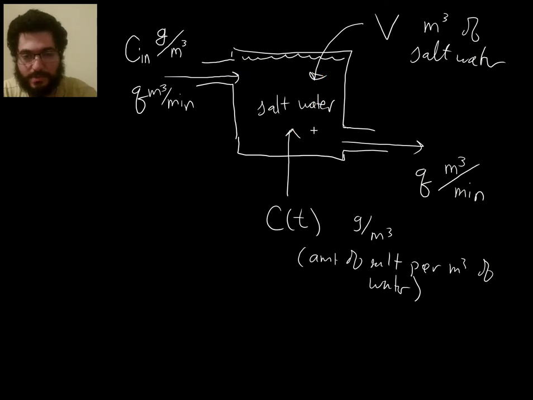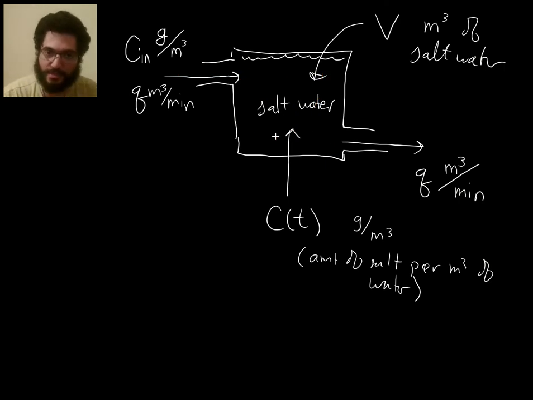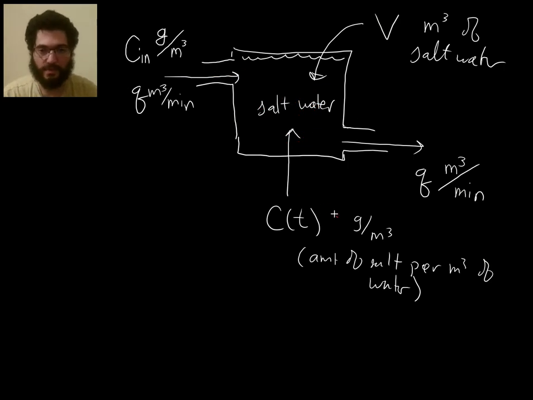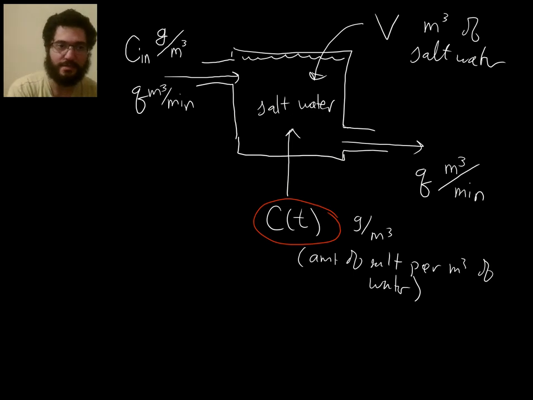But let's assume, kind of an ideal condition, that this tank is perfectly stirred, that it's perfectly mixed all the time. So whatever salt comes in instantly gets diffused throughout the entire tank evenly, so that there is one concentration throughout the tank, rather than concentration varying over space, over different places in the tank.